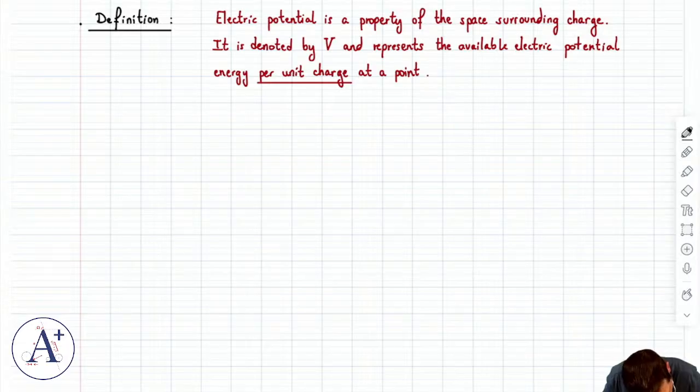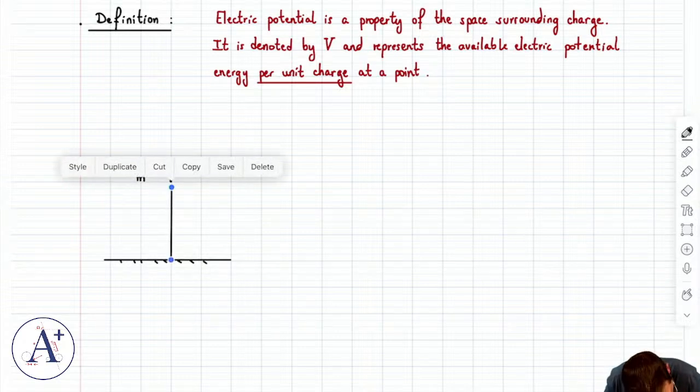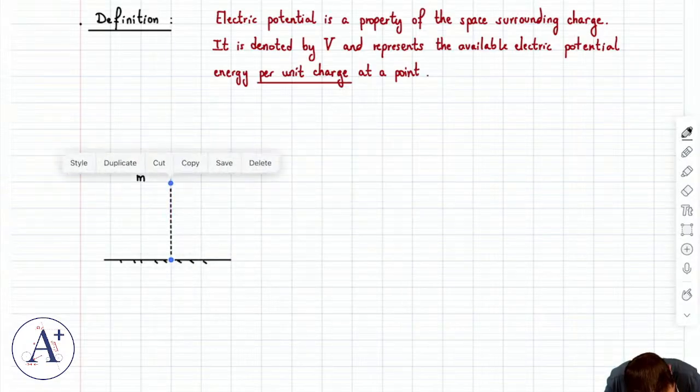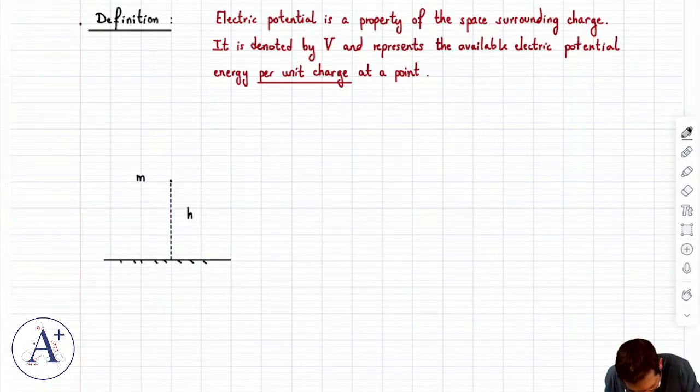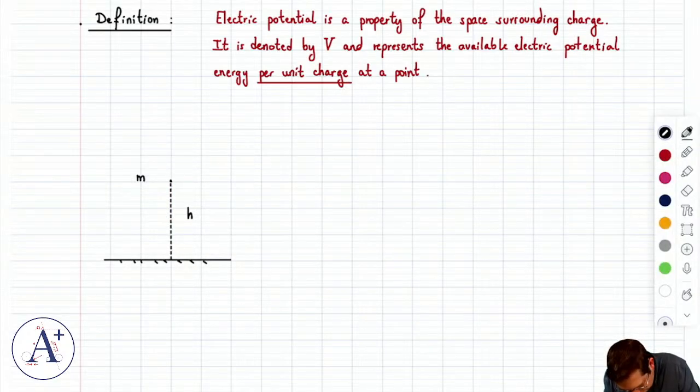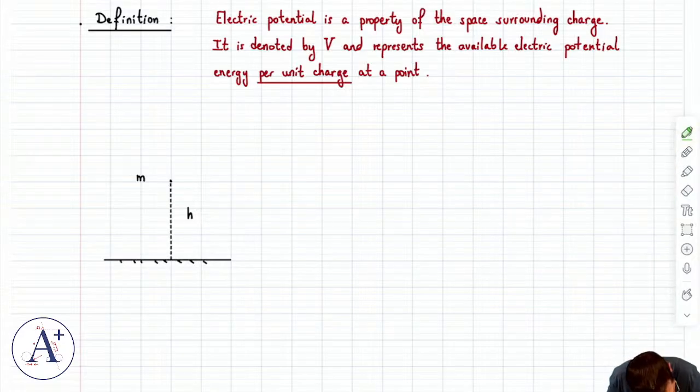So in mechanics, let's say this is the ground. Here's a mass M at a height h above the ground. And we know that we're free to choose our reference for gravitational potential energy anywhere we want.